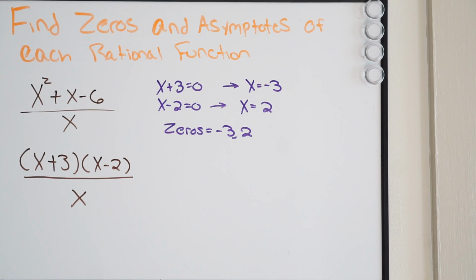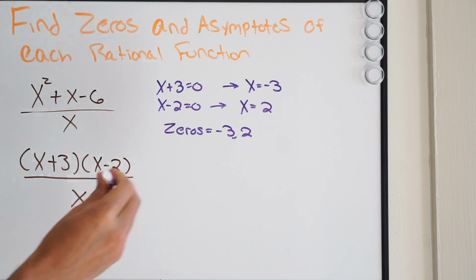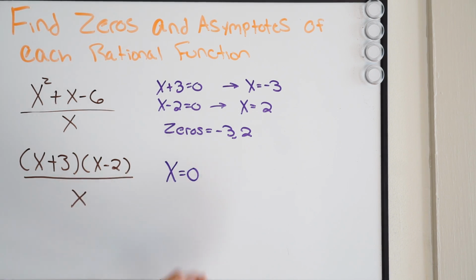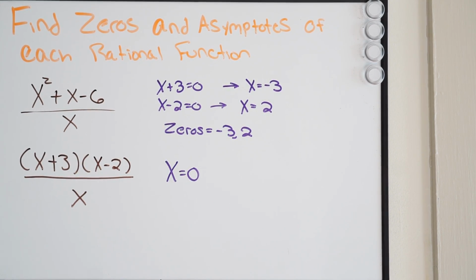If we want to find the vertical asymptote, we just look at the denominator. Remember what I said, your vertical asymptote will always occur at what you have for your domain. For example, my domain here: we have x, and we set this equal to 0, so x equals 0. In interval notation, my domain is all real numbers except when x is equal to 0.